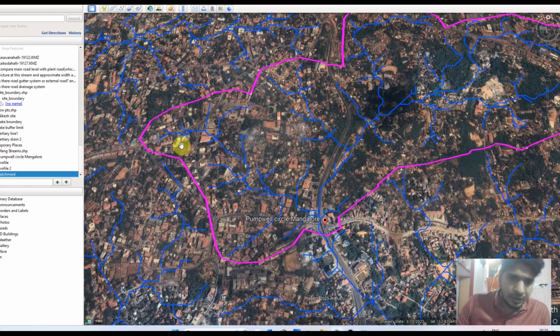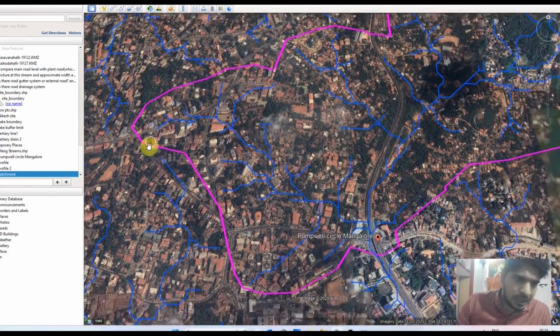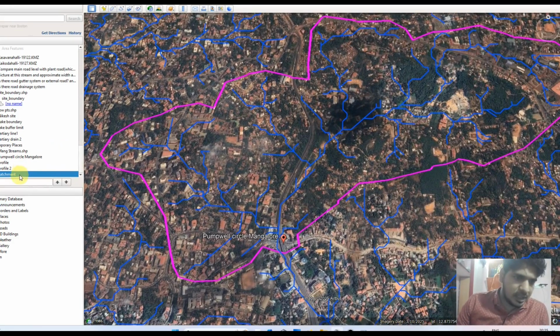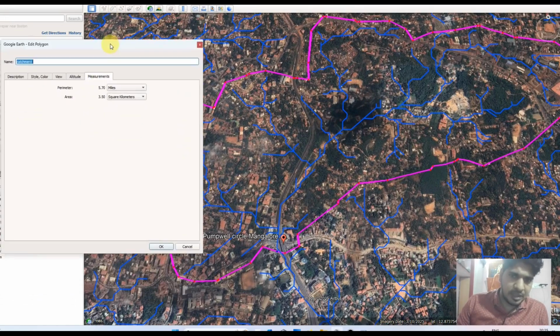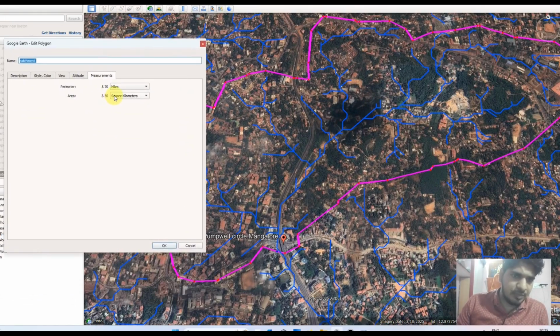If I check how much area is within this purple line, I have this measurement tool here. It shows 3.50 square kilometers, so in terms of hectares it is 350 hectares of catchment area.